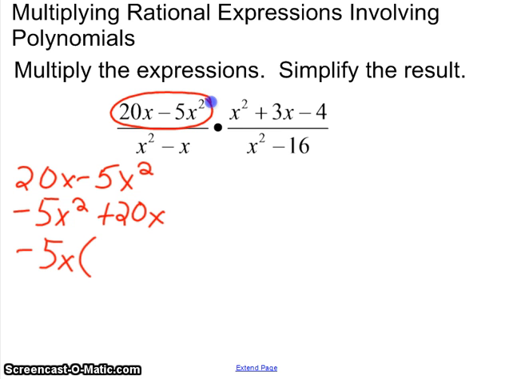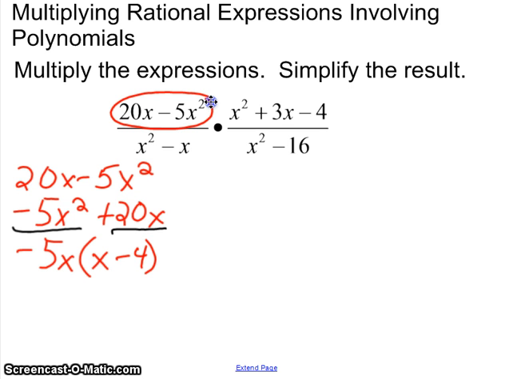So I have -5x to the second divided by -5x gives me +1x. And now I have 20x divided by -5x is -4.